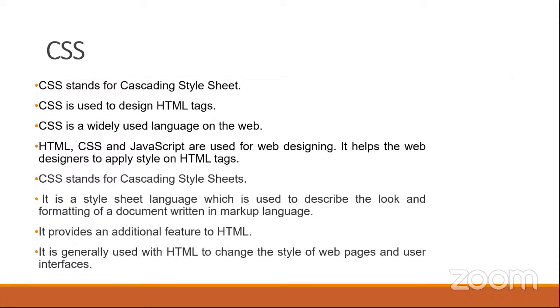Okay, so let's move to the CSS part. It stands for cascading style sheet, and it's basically used for designing HTML web pages. It's a widely used language on the web, not alone, so it will always be used with HTML. HTML, CSS, and JavaScript are used for web designing, and it helps the web designer apply styles on HTML tags.